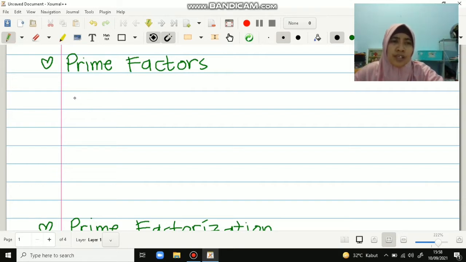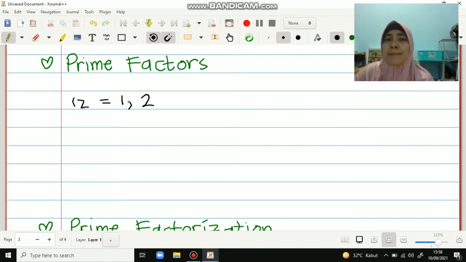So when we find the factors of a number, let's say we have 12. What are the factors of 12? We can say 1 because 12 can be divided by 1. 2, can 12 be divided by 2? Yeah. 3?